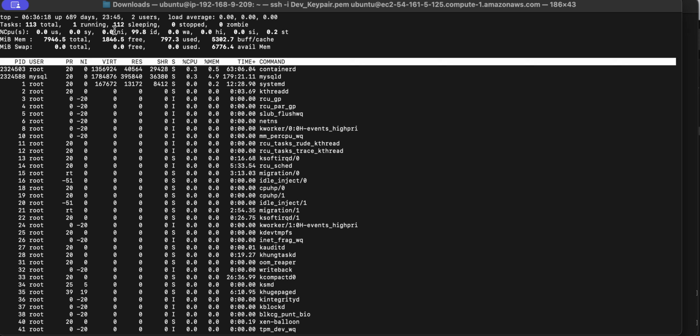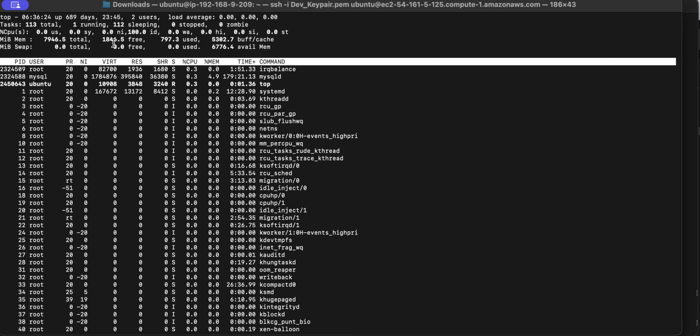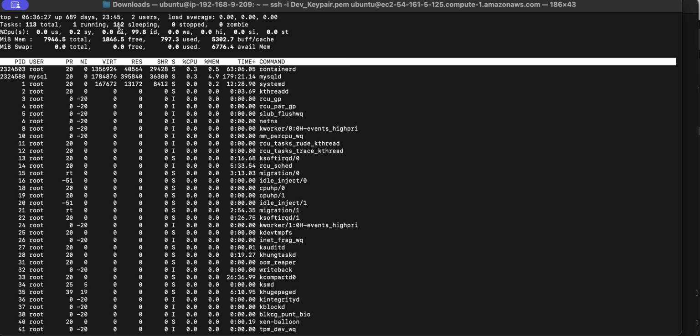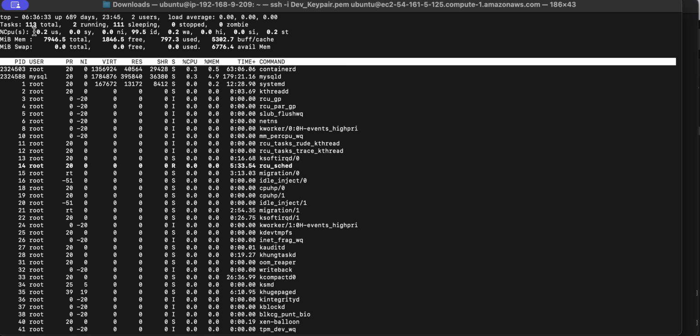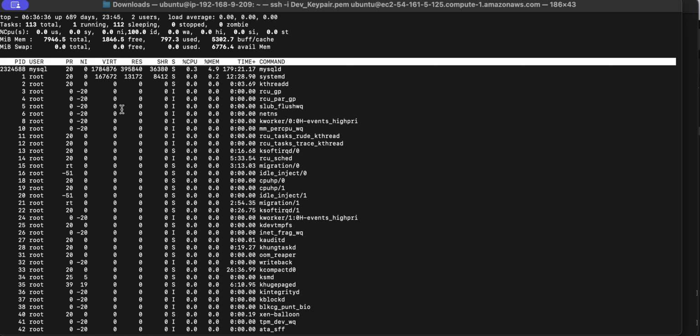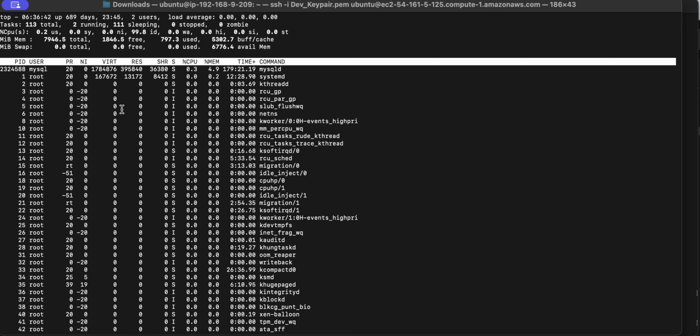Ni means nice. Ni is the percentage of the CPU used by processes for which we adjusted the priority.